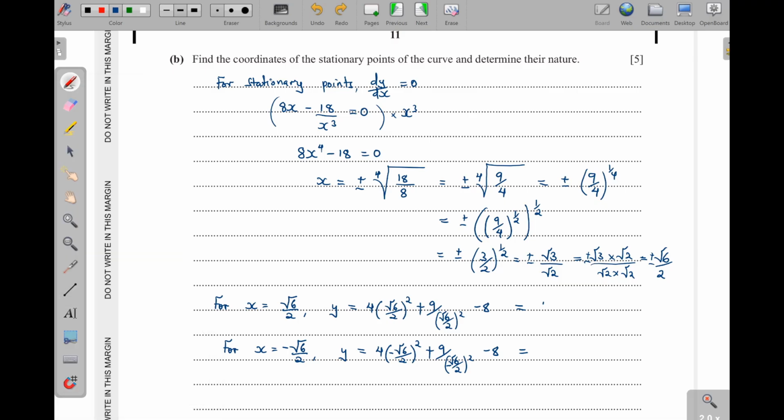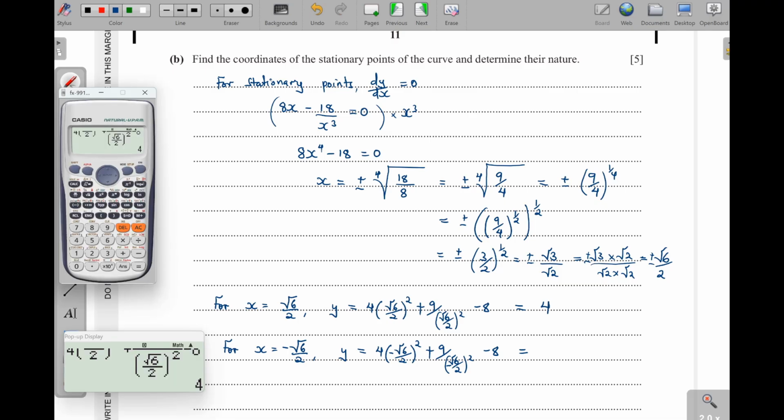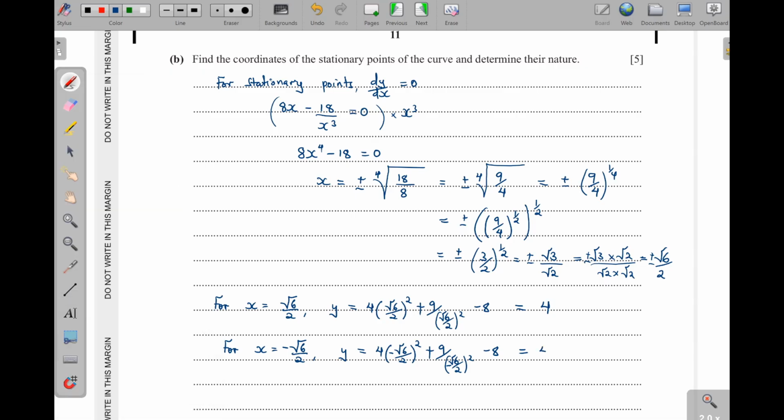This one gives us a 4. Then for this other one, I'll just come here, put a minus. Wherever there is root 6 over 2, I will just put a minus. It is also what? A 4.